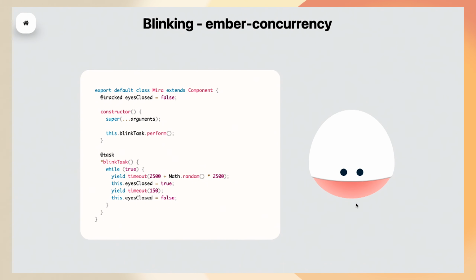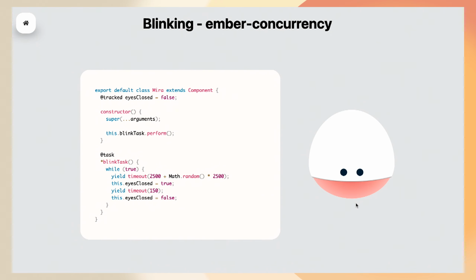And to automate the blinking, we're actually going to be using Ember Concurrency, which probably should be in every Ember developer's toolbox, because it's great. We have a tracked property eyes closed, and we have a blink task defined that runs infinitely with a random timeout, because blinking is not that consistent.